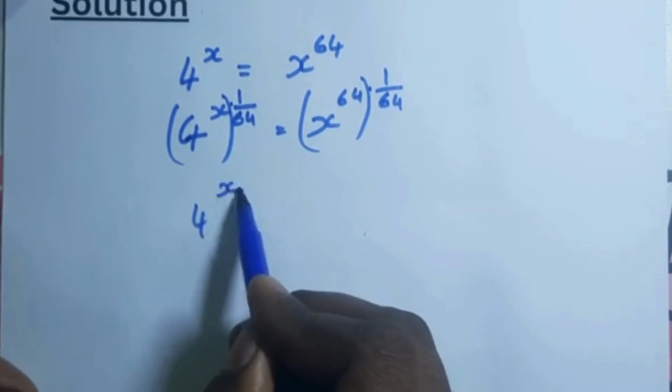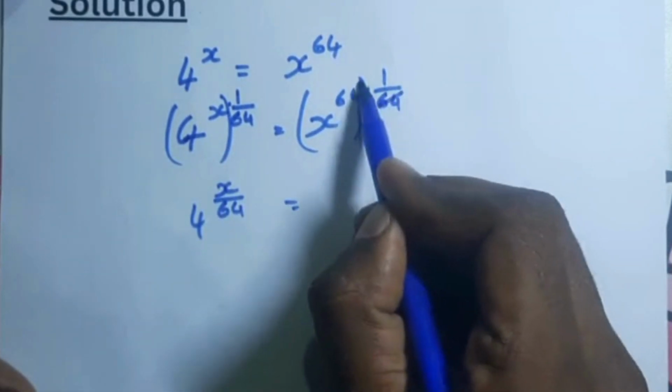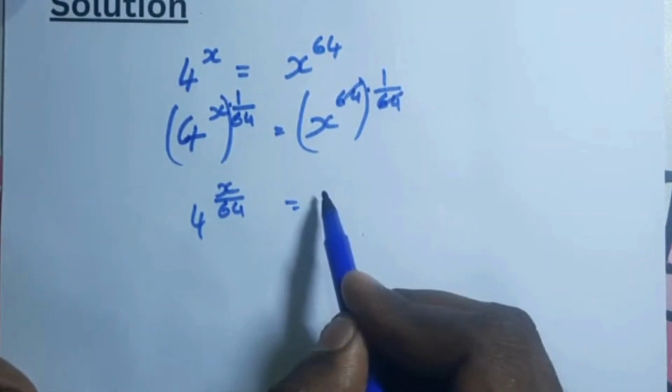Now this 64 and this 64 will get cancelled, x.